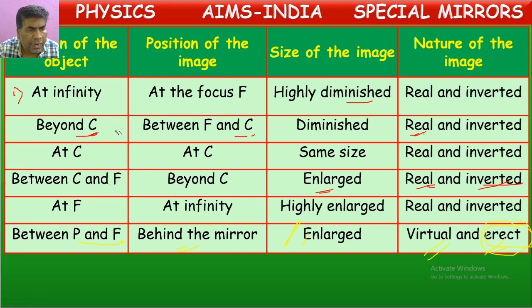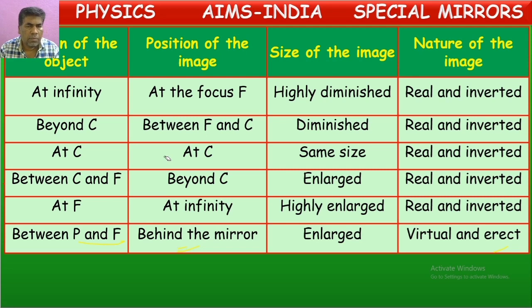What is the meaning of inverted here? The image changing into up and down position. Interchanging of that upside down position, we call it inverted. What is real image? The image which can be caught on the screen. What is the meaning of diminished?